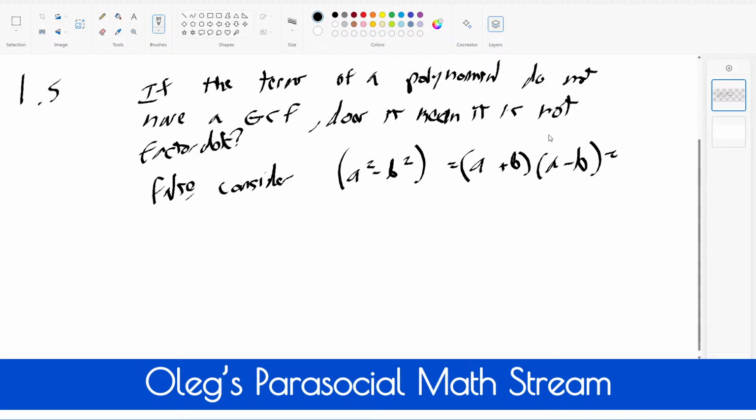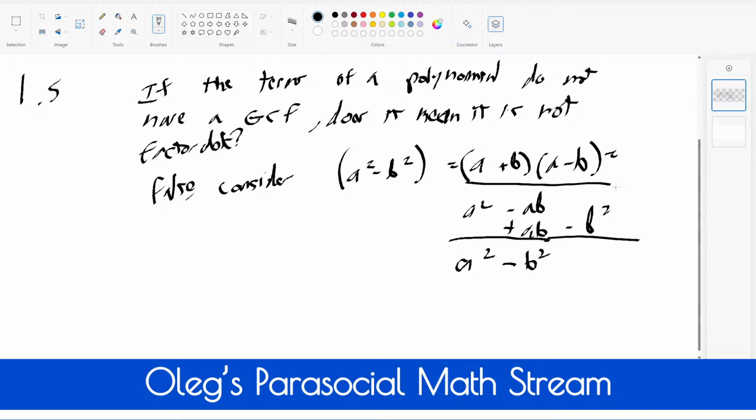Which is equal to a times a is a squared, and then minus ab, and then plus ab, and then minus b squared. So as you can see, it is in fact factorable.